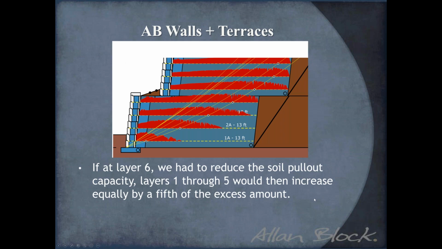So for simple math, say I have 700 pounds of T required at the end of the grid, but I only have pullout capacity of, say, 200 pounds. Well, that leaves me 500 pounds of excess, and obviously I chose that for the easy math for today's conversation.